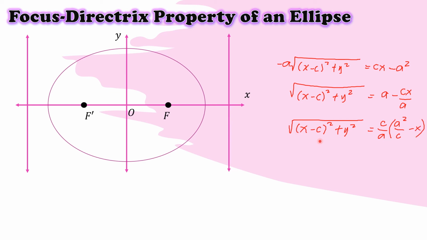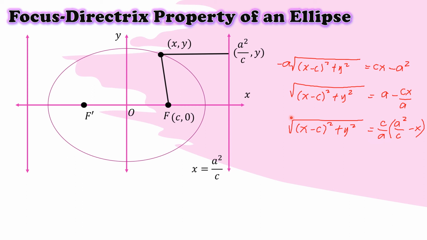The left member of this equation is the distance from the point (x, y) of the ellipse to the focus (c, 0). The factor a squared over c minus x of the right member is the distance from the point of the ellipse to the line x is equal to a squared over c. And the factor c over a is a constant between 0 and unity.